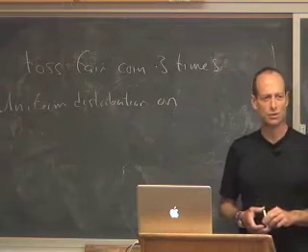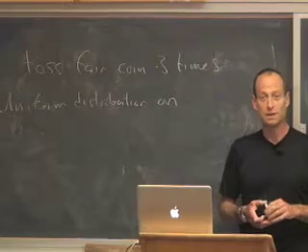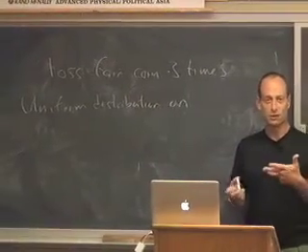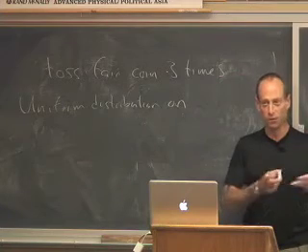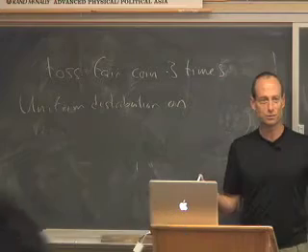Each toss can give me a head or a tail. 3 tosses gives me a sequence of length 3, comprised of heads and or tails, right?